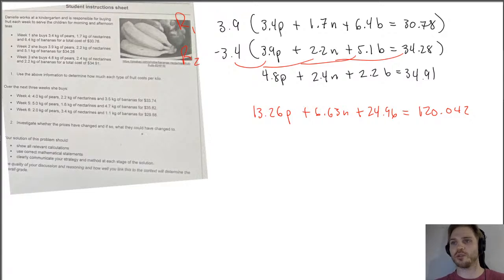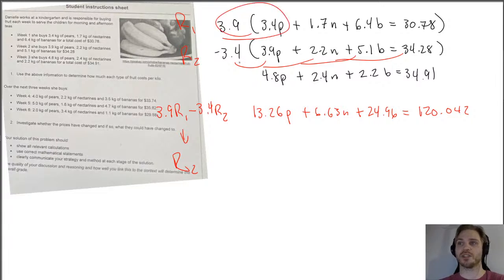What I'm doing is creating a new matrix, and I don't want this to change. I do want to hold on to that data for a second. I want to do 3.9 times row 1 minus 3.4 times row 2, and that's going to become my new row 2. The reason I'm doing that is because this is going to make the LCM of this, and when I add those rows together, it's going to cancel, it's going to be 0. And as we do that multiple times, you'll see why it's helpful.